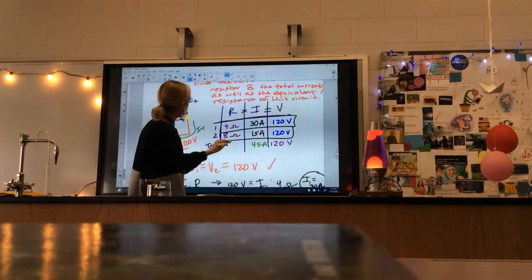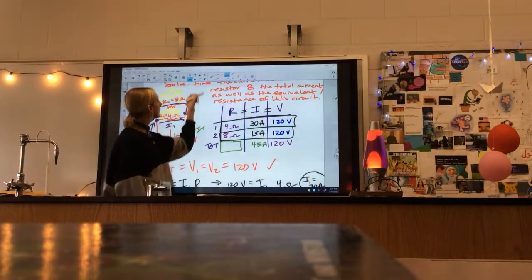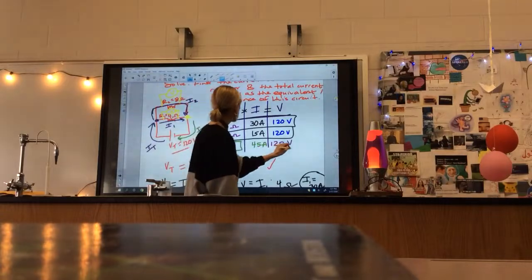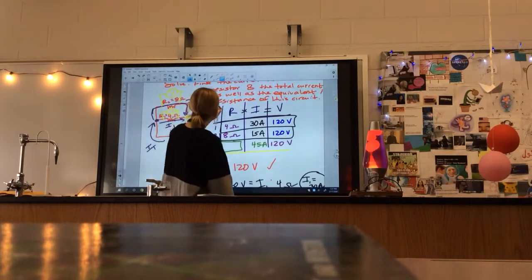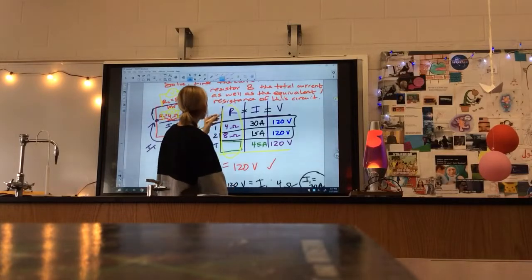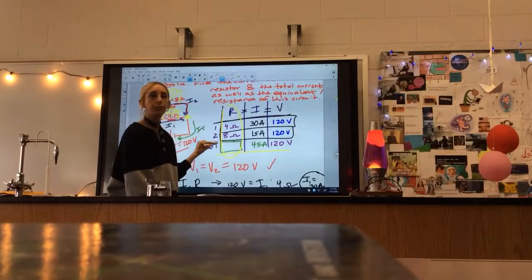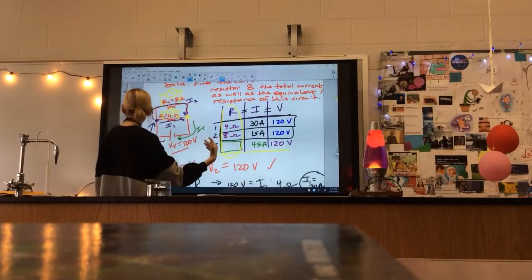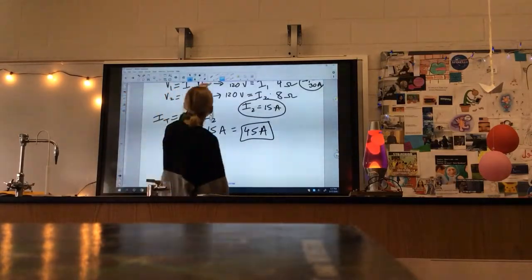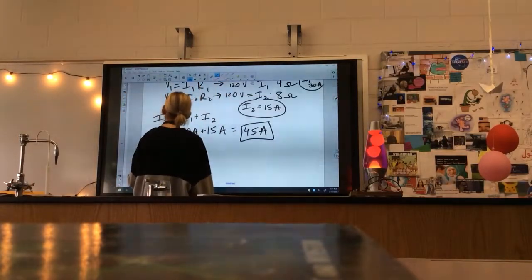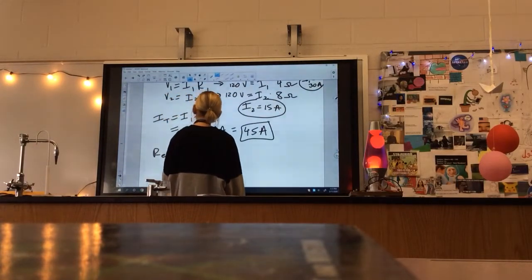So all that is left missing is our equivalent resistance. And as you can see, we can either go horizontally to find it using V equals IR, or we can go vertically using 1 over REQ is equal to 1 over 4 plus 1 over 8. So I'm going to do it both ways so that you can see it'll come out the same. You won't always have the freedom to do this. Okay, so I want to say REQ is equal to V total over I total.